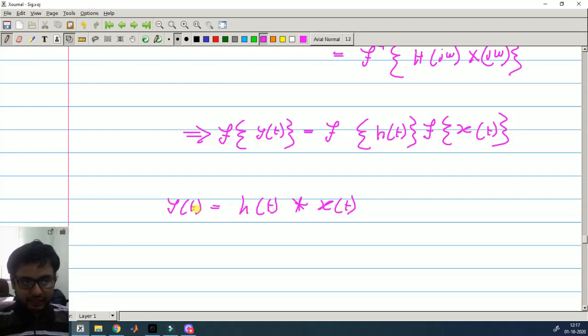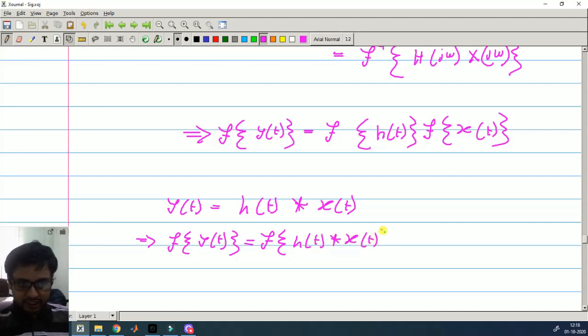If you now take the Fourier transform, then the Fourier transform of y must be equal to the Fourier transform of this convolution, and we know that the Fourier transform of the convolution of two signals is the same as the product of the individual Fourier transforms.